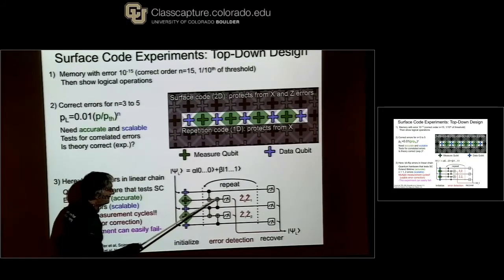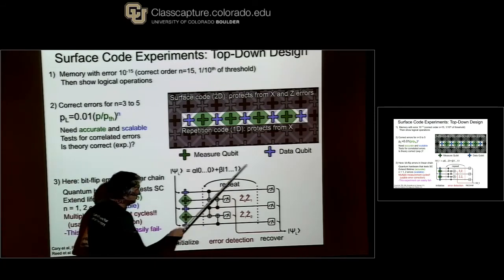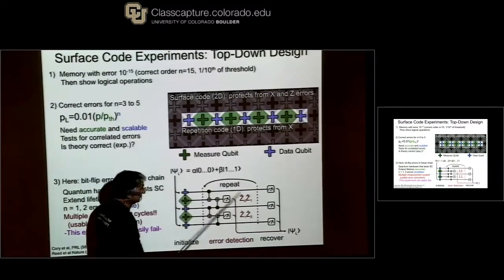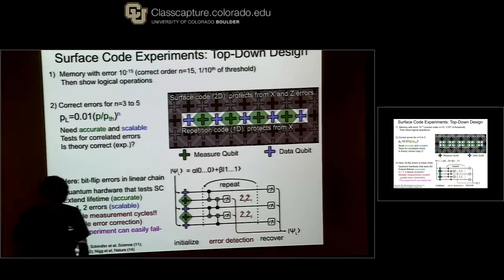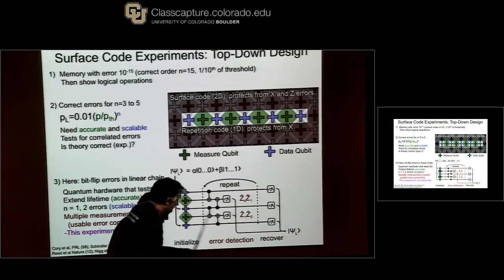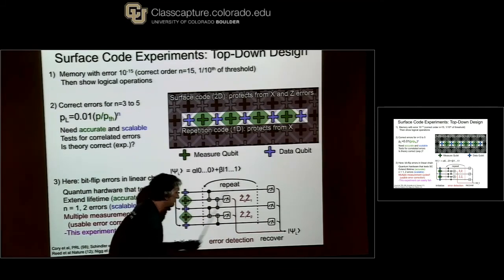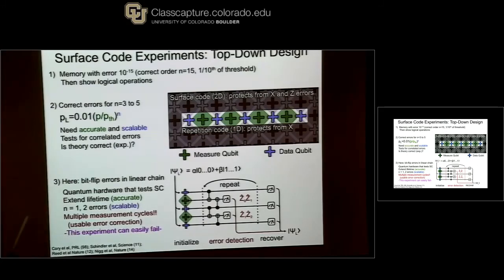And then they're going to be CNOTed to the neighboring qubits to do the bit flip parity. So we're going to do the bit flip parity between the two neighboring qubits. We're going to do that and then get some answer and then repeat over and over again. And then we're going to read out all the qubits at the end to see if we figured out what was going on properly. So this is just basically the surface code in one dimension: initialize, error detection, over and over again, measure, see if we're working properly.